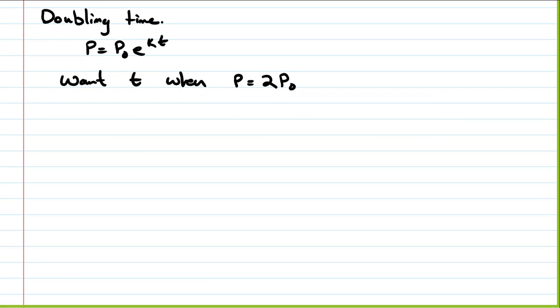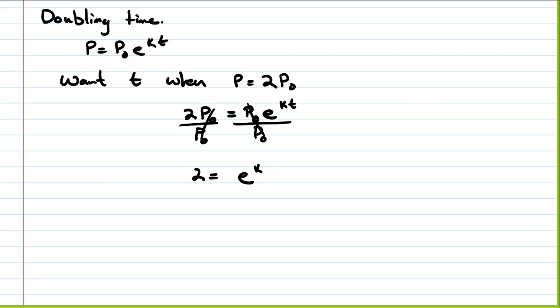If we substitute that into our original equation, we need to solve 2P naught is equal to P naught e to the kt. So we divide both sides by P naught, and something interesting happens. We get the new equation, 2 is equal to e to the kt. Well, notice this does not depend on P naught.